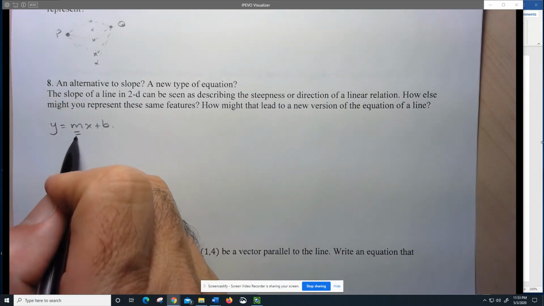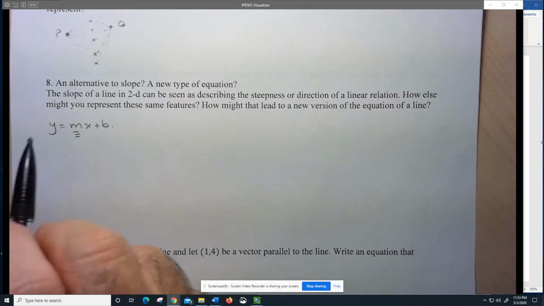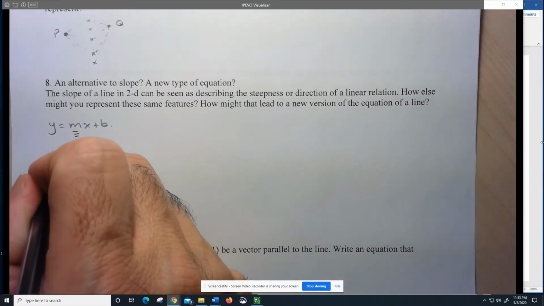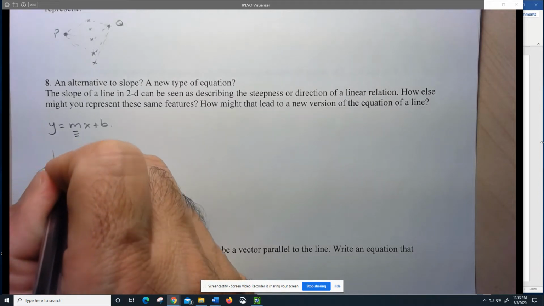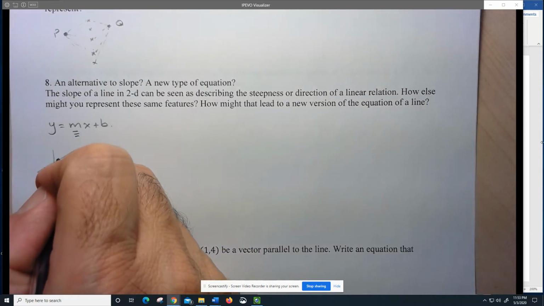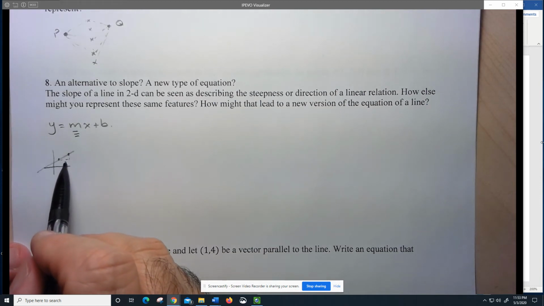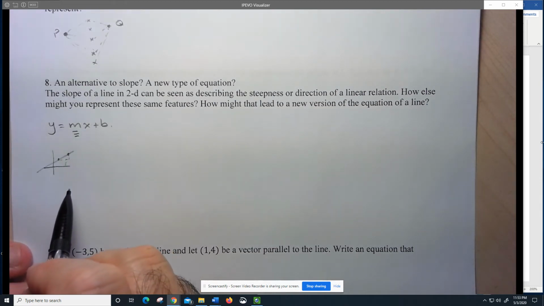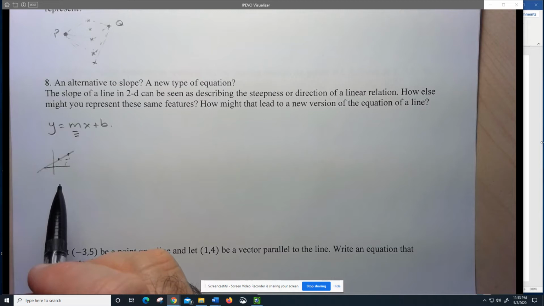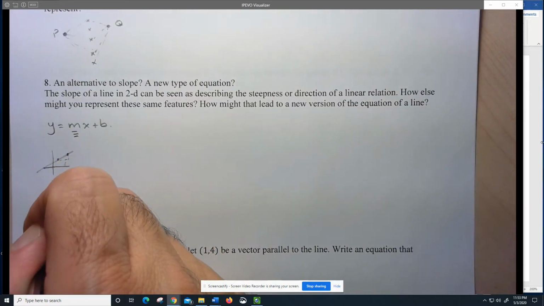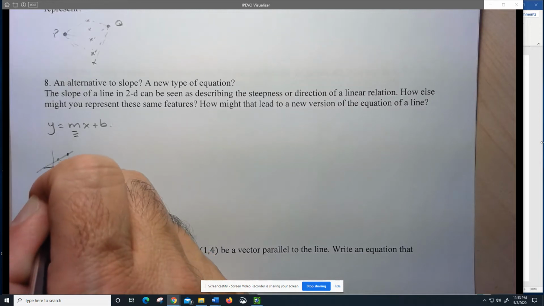And remember what the slope gave you. The slope gave you the rate of change of y with respect to x, okay? So if I have my line here, I take a look at this ratio of how y increases or decreases every time x goes up by 1, okay? Problem is that in 3D, there's no easy way to represent the idea of slope.